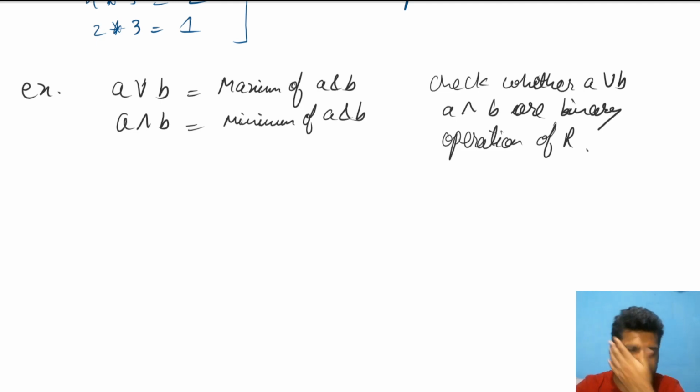So I think that will be very easy, even if they would give it to you in terms of natural numbers, and on the natural numbers, still you can check. So let's take a few examples to understand again.